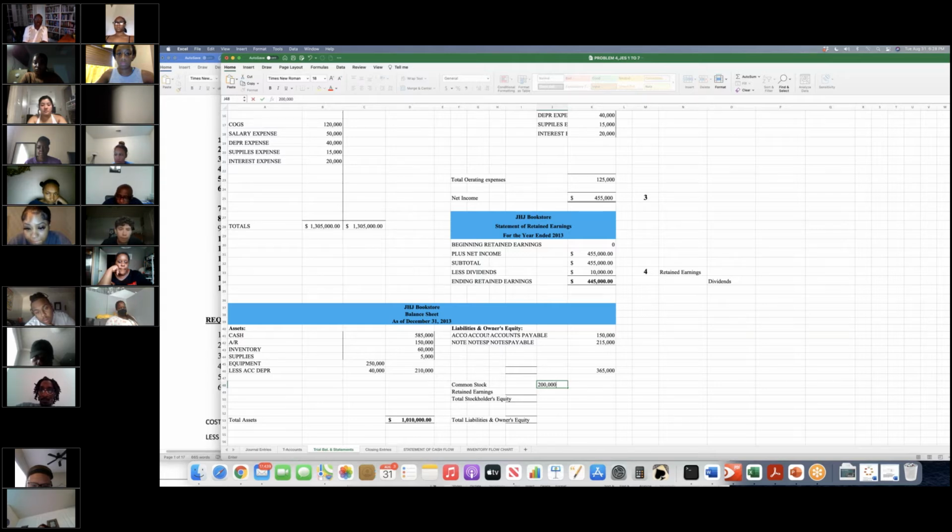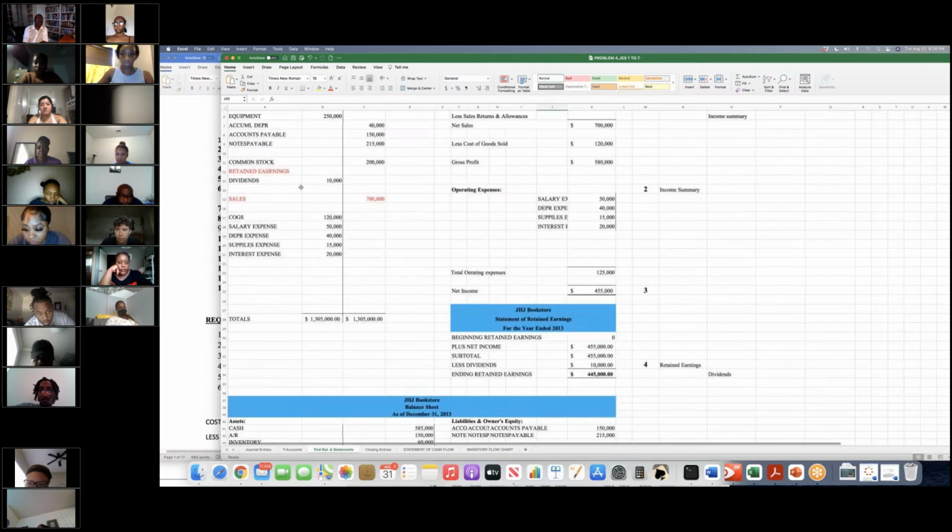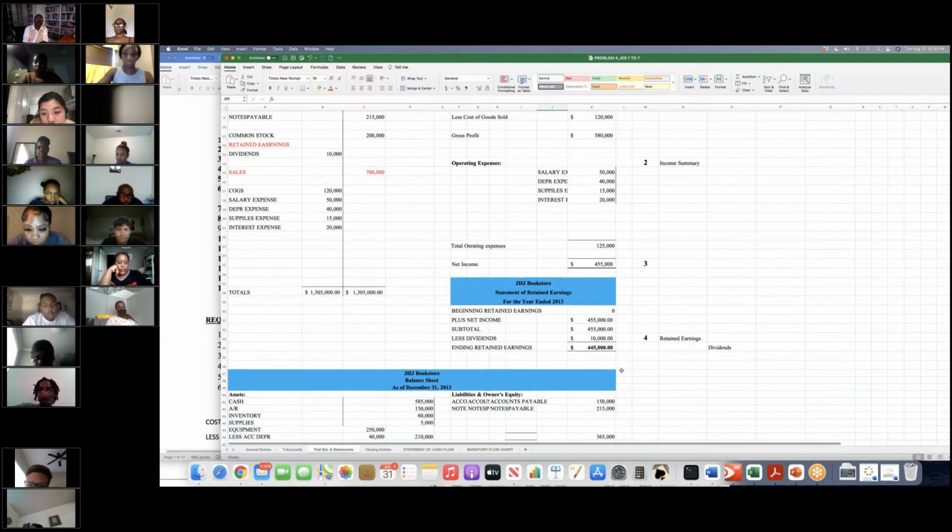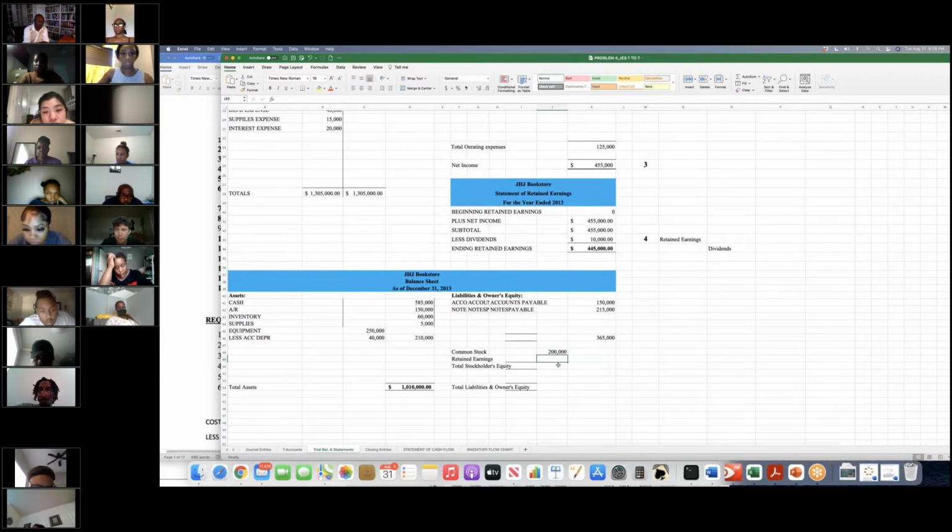Our retained earnings? 445,000. Even though it was zero, you always pick up the new retained earnings if you want to balance. So total stockholders' equity was what? 645,000.